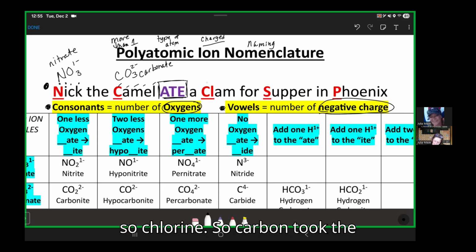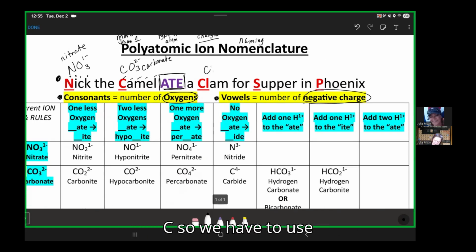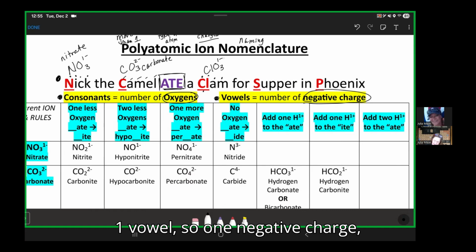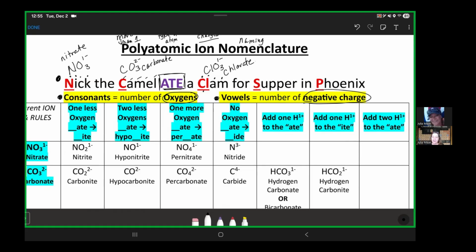Okay. So chlorine, carbon took the C, so we have to use both the C and L from clam. So that's the chlorine. And clam has three consonants, so three oxygens, one vowel, so one negative charge. That is your chlorate. S for sulfur.